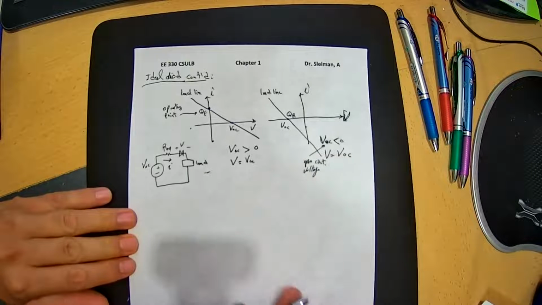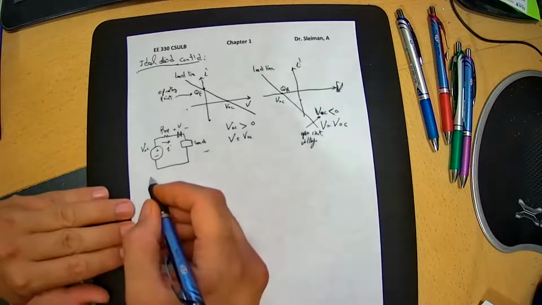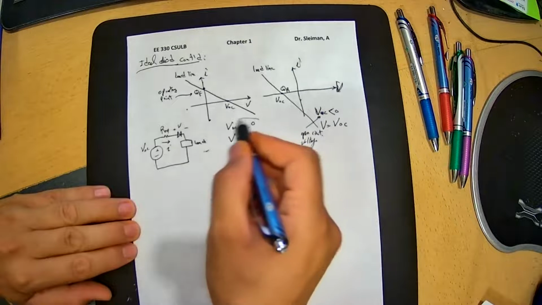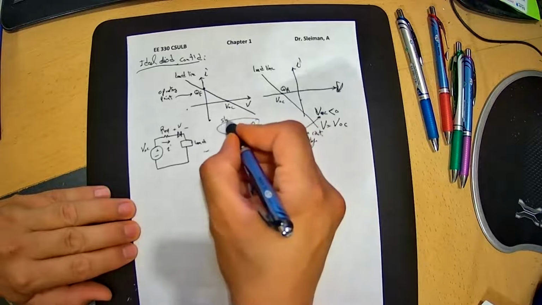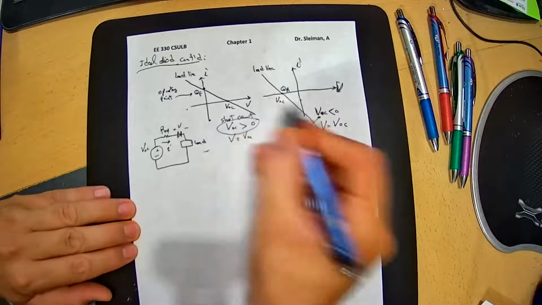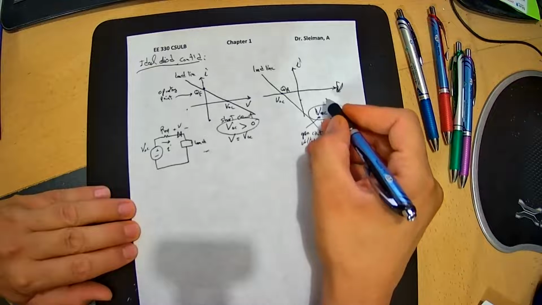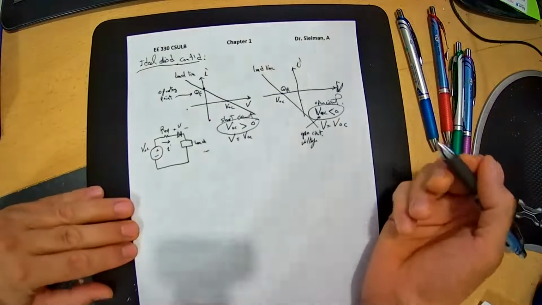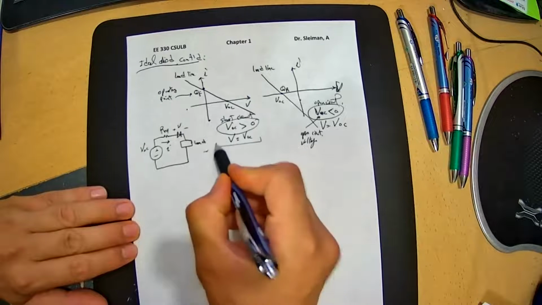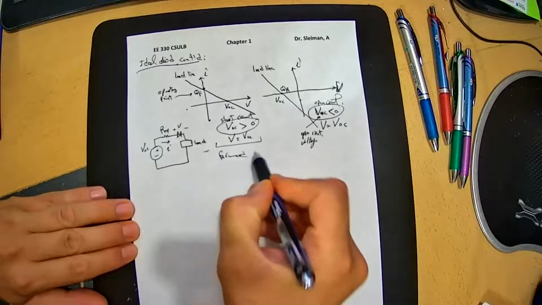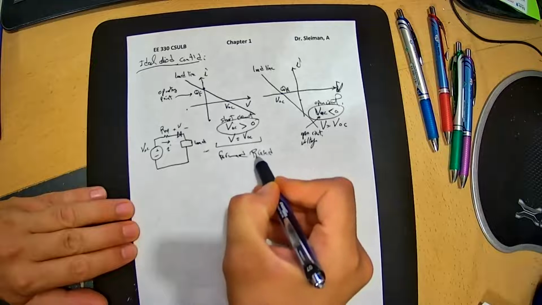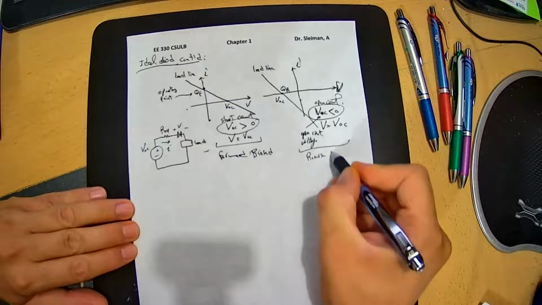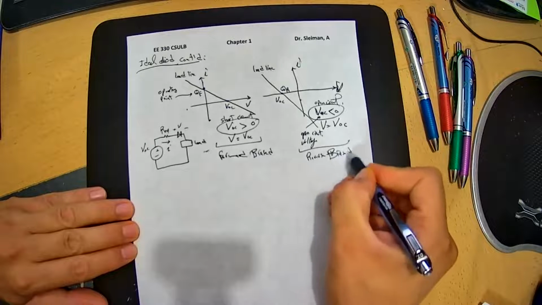In this term, this means a short circuit, and this will mean an open circuit. This is for the forward bias on the diode, and this is the reverse bias on the diode.